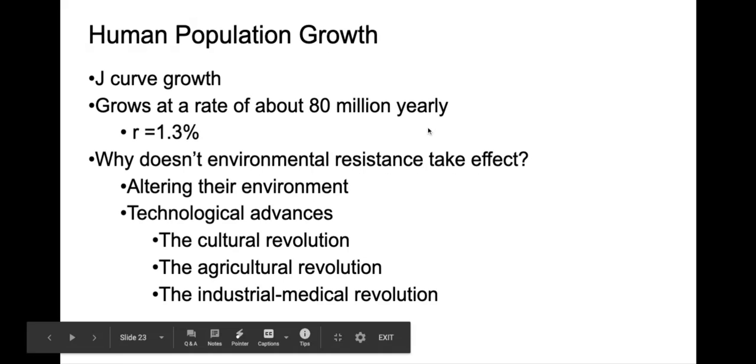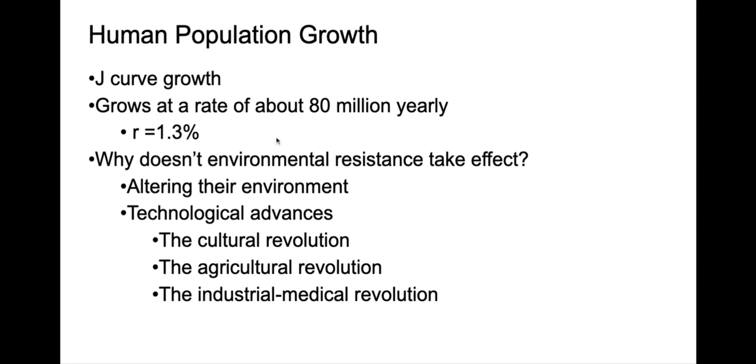Okay, human population growth is going to be shown as a J curve. Usually this is the growth rate of human population. And the reason why we don't have that resistance, or that resistance is not being seen as effectively as in other populations, even though we are K-selected, is because we're altering our environment.